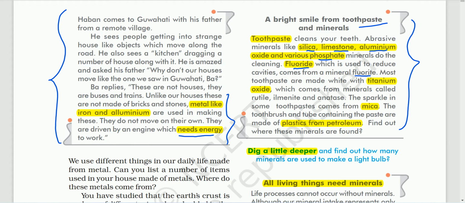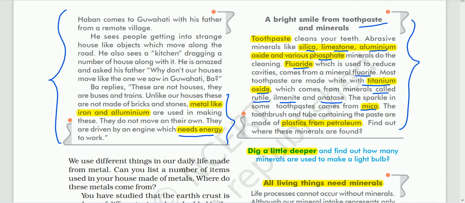The color is white with titanium oxide, which comes from minerals called rutile, ilmenite, anatase. The sparkle in some toothpastes comes from mica. In some toothpastes, for example, Close Up, these toothpastes may have sparkles, and these sparkles come from mica.